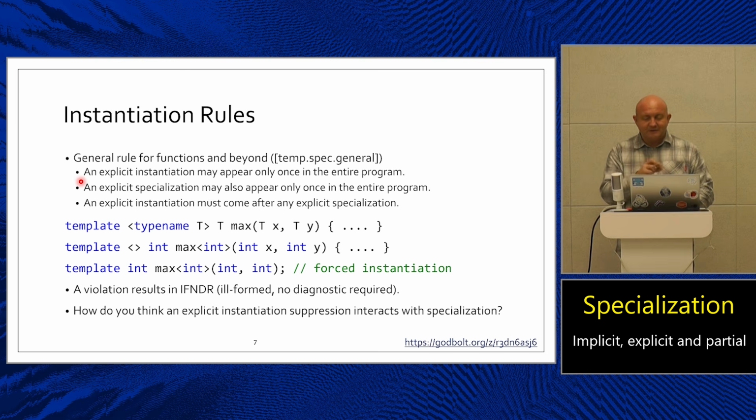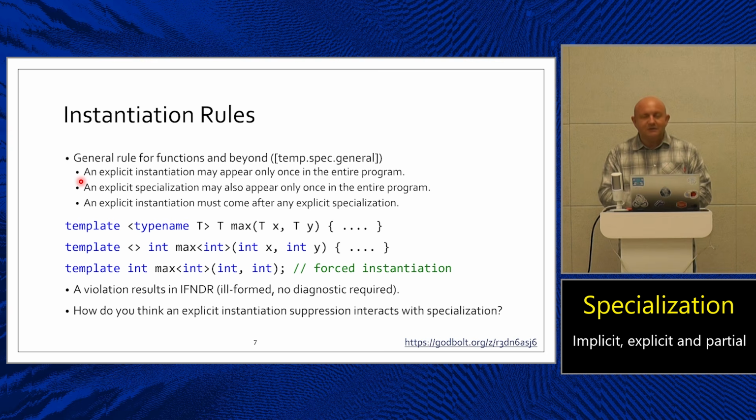And third, an explicit instantiation must come after any explicit specialization for that same template and type. So the correct order is you have your primary template, then you can write an explicit specialization, and only after that can you force an explicit instantiation. If you violate those rules, your program is considered ill-formed, no diagnostic required, which means the compiler isn't obliged to give you an error, but your program is invalid.